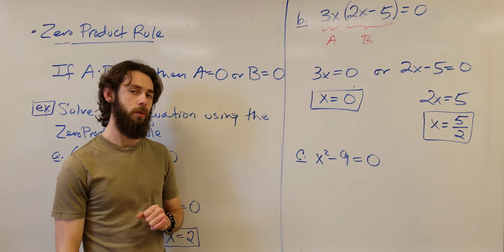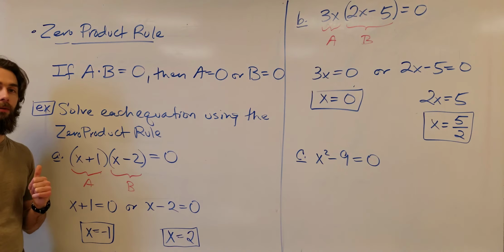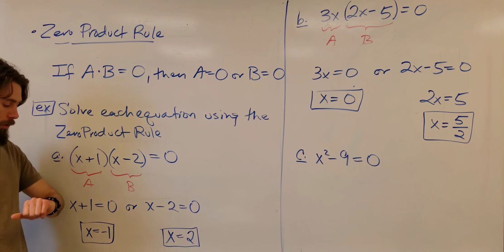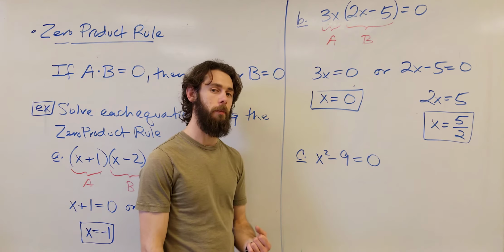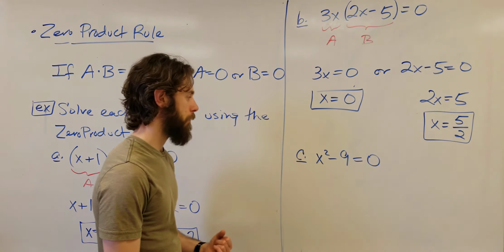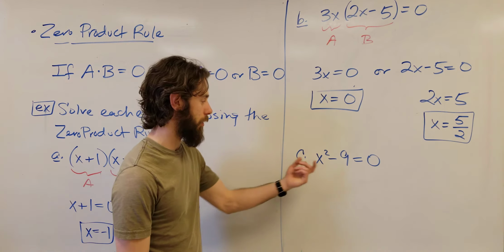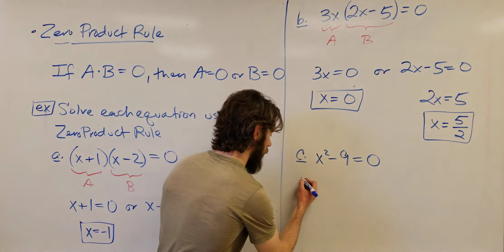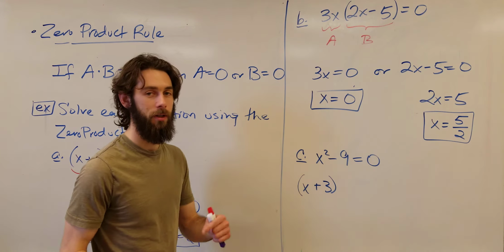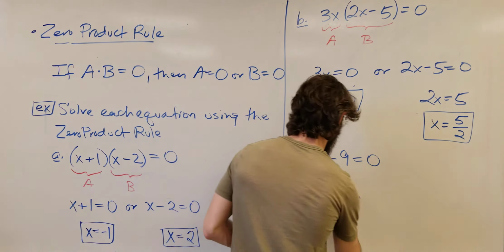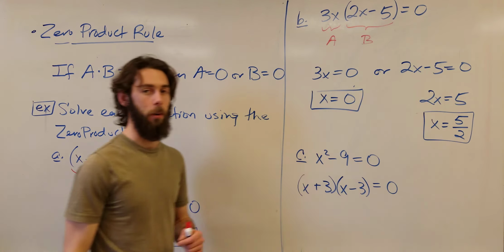Let's try to do this one by factoring and then using the zero product rule. So first, how would that factor out? So it's a difference of squares. We know it's going to be x plus 3 times x minus 3 equals 0.